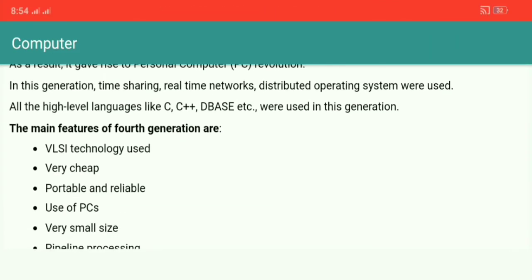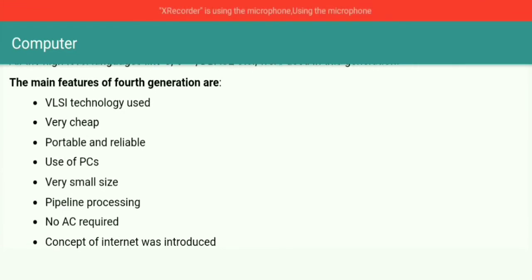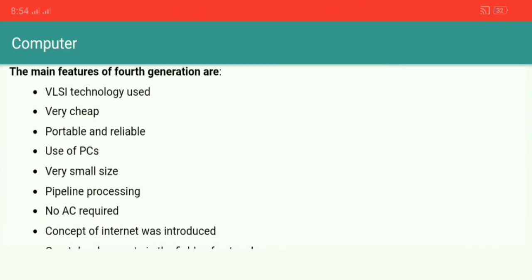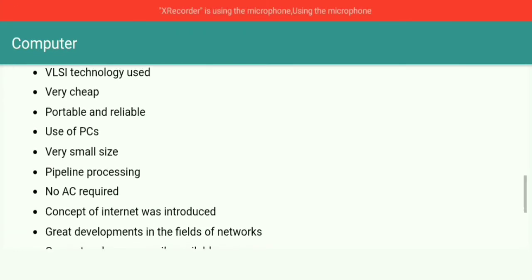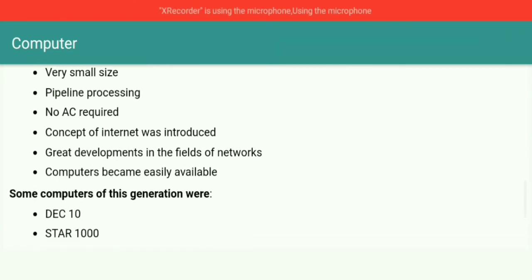So, ito yung main features ng fourth generation. VLSI technology used, very cheap, portable and reliable. Use of PCs or personal computers, very small size, pipeline processing, no AC required, hindi niya kailangan ng active current. Concept of internet was introduced.